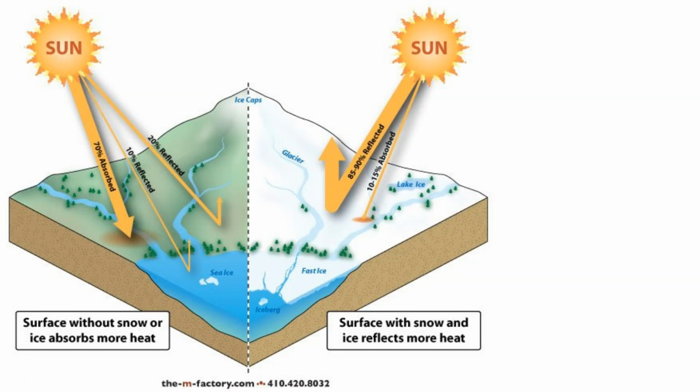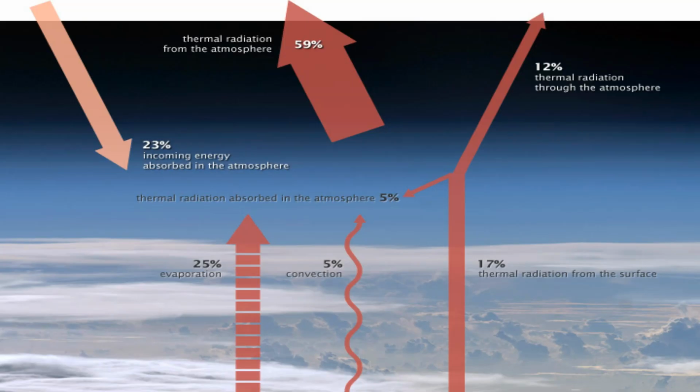This is the whole concept of understanding how that energy works in the atmosphere itself. To wrap all this up, what you can see here is the incoming energy. Some of it is absorbed by the atmosphere, some of it is absorbed by the surface. Some of that energy could be reflected by clouds, and some of it is reflected by ice particles way high in the atmosphere.